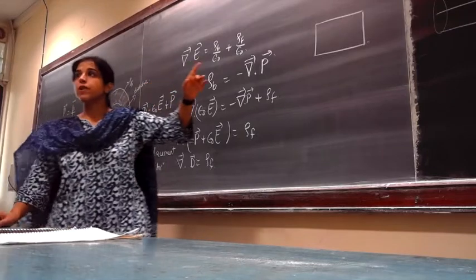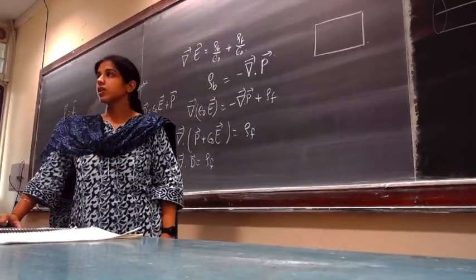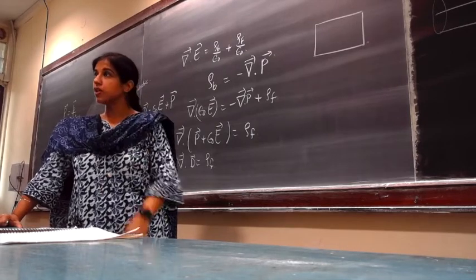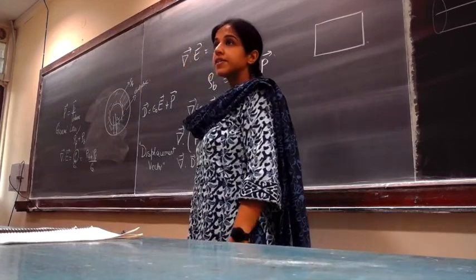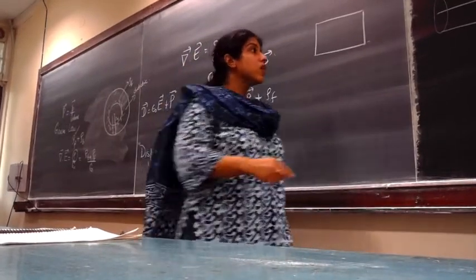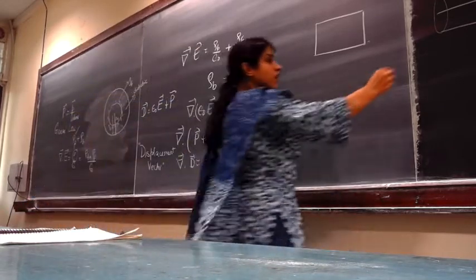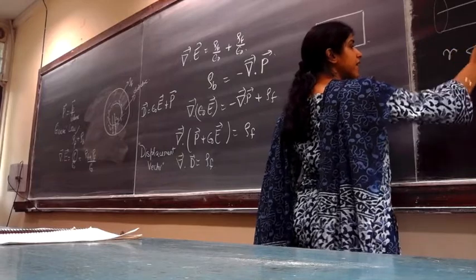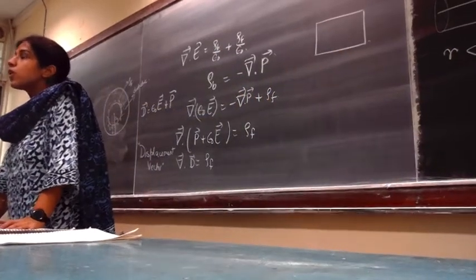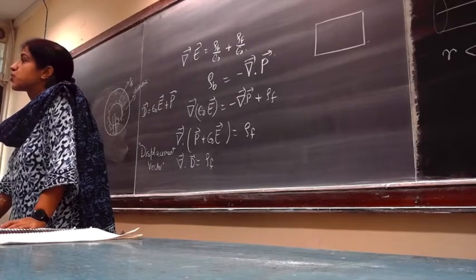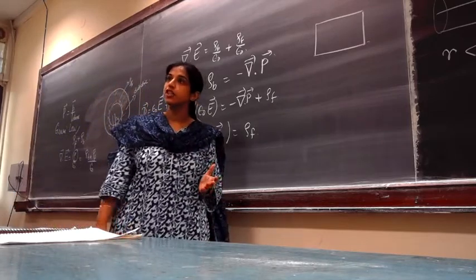Now this problem has a cylindrical symmetry. Let's apply Gauss's law. You know that if I want to apply Gauss's law to find D, this is how I do it. What should be my choice of Gaussian surface? So first let's solve for a region r less than the extent of my rubber insulation. What kind of a Gaussian surface do you think I should choose in this case? Cylinder, right? Because my problem has a cylindrical symmetry.